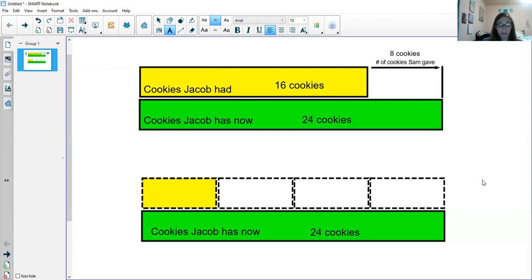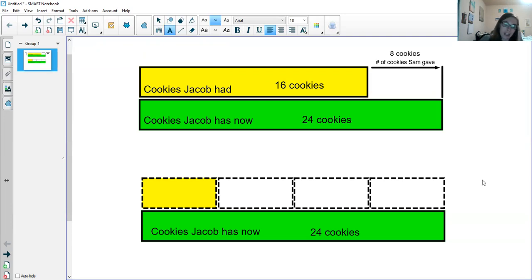But since we have 4 groups, for another way to solve it, you have 4 groups and are trying to get to 24. So you can go through the numbers until you reach the number that gets to 24. You can start with 4 times 2, and that's not 24. 4 times 3 is 12, that's not 24. So you keep going up and up until you reach 4 times 6. And you know that 4 times 6 is 24.